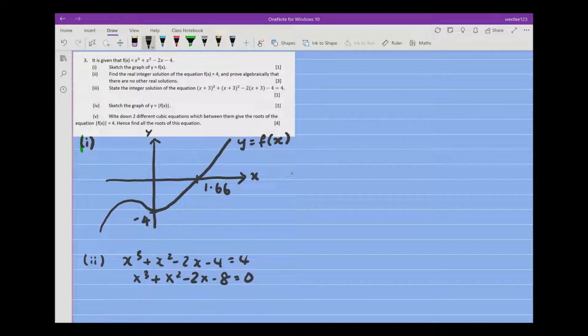Okay, so what we can do is try x equals 2. 2 cubed plus 2 squared minus 4 minus 8 equals 0. Therefore, x minus 2 is a factor.